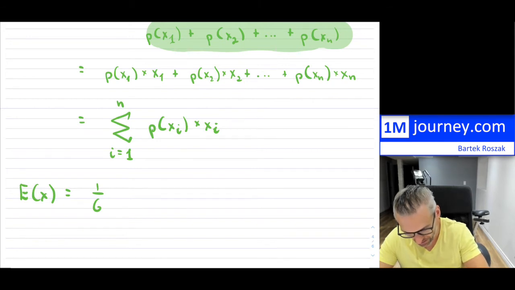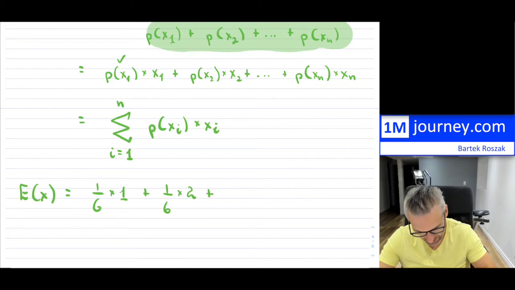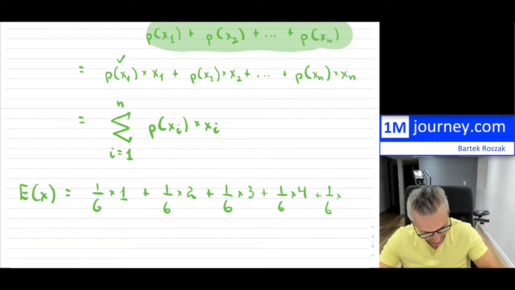This is the probability of obtaining 1, times 1, plus 1 over 6 times obtaining 2, plus, and this continues on. So 1 over 6 times 3 plus 1 over 6 times 4, 1 over 6 times 5, and then 1 over 6 times 6.